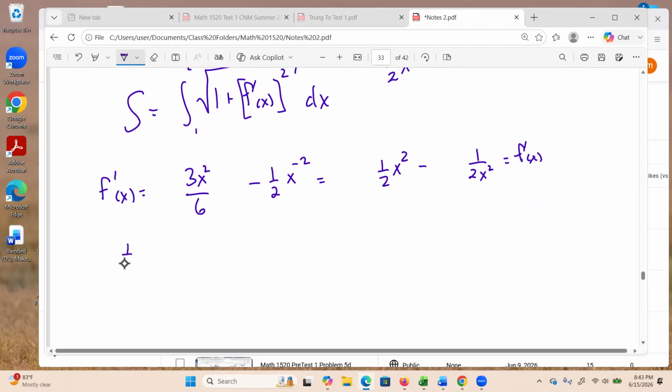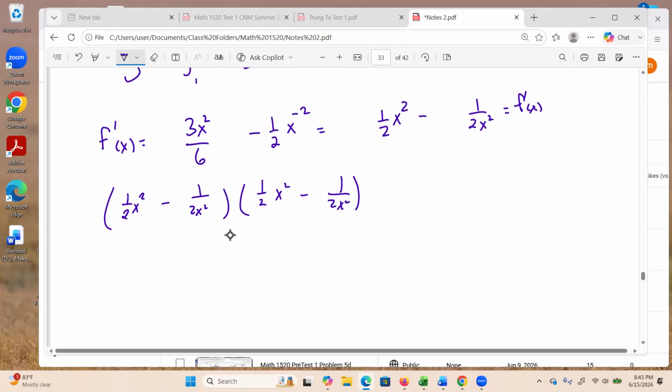So we have 1/2 x squared minus 1 over 2x squared, and we've got to square this thing. So we have 1/2 x squared minus 1 over 2x squared, times 1/2 x squared minus 1 over 2x squared. When in doubt, FOIL. All right. And then we're going to just multiply this out. So we have 1/2 a half is 1/4. x squared times x squared is going to be x to the 4th. Then we're going to have minus 2, and we have our inners and our outers, same deal that we had before.